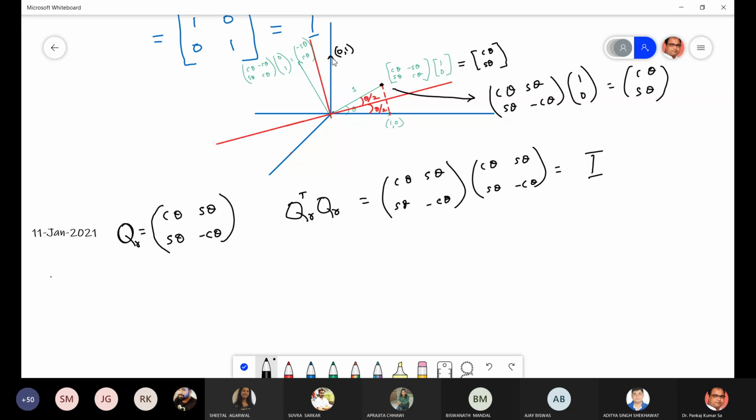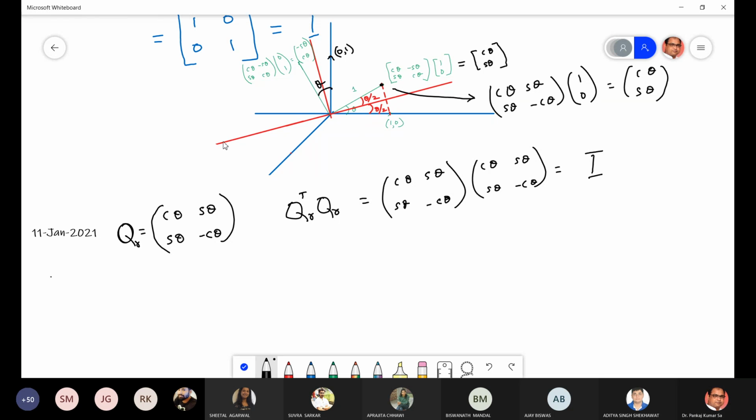But then what about the vector 0 1? The rotation about the origin by an angle theta for the vector 0 1 is minus sin theta, cos theta. But what about the reflection? Look at this particular red line.